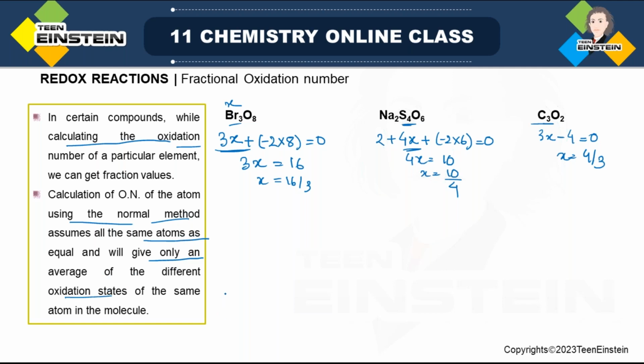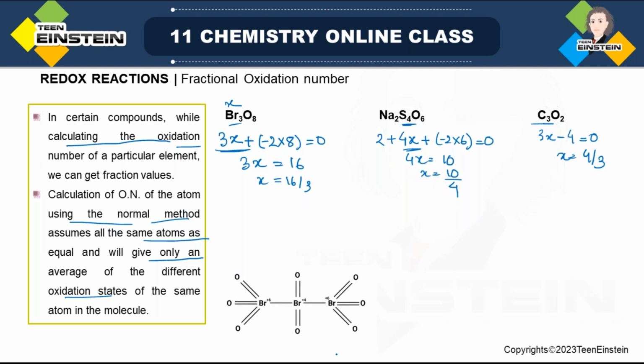If you actually consider the structure and look at it individually, you will see that the chemical environment of the 3 bromine atoms may not be the same, and depending on that the oxidation number is different. Maybe for some bromine it is positive, for some it is not positive, or it may be 0. So if we look at the structure of Br3O8, see, this is the structure.